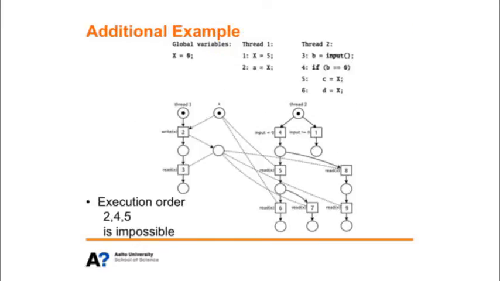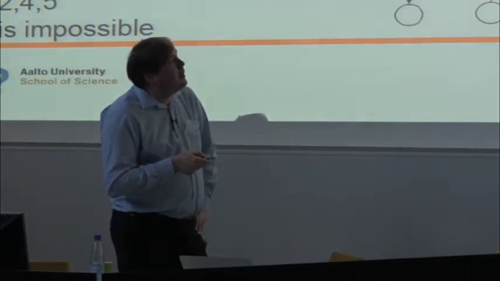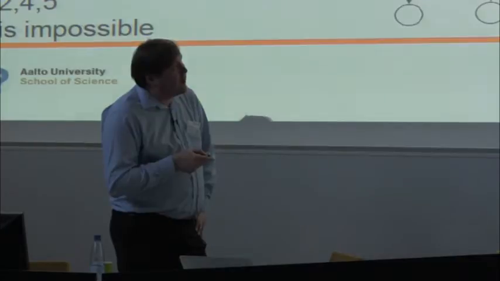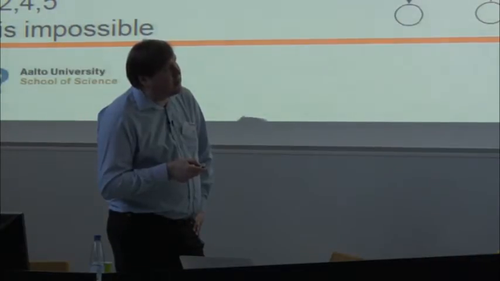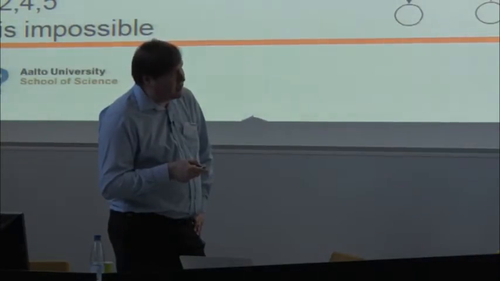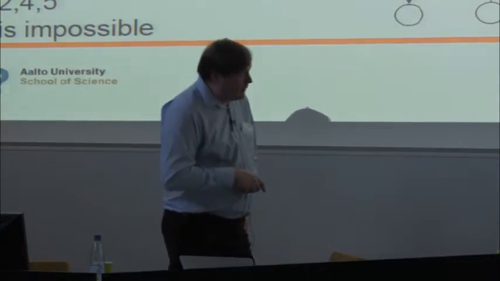Now coming back to the subtlety of these things, here's an example of a program which has a global variable x, then we're assigning 5 to it, and then we're reading it. Another thread reads an input, compares that to 0, and then reads x to local variable c, and then reads x to local variable d.